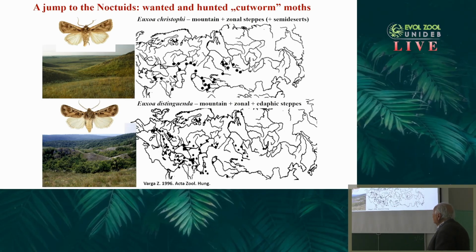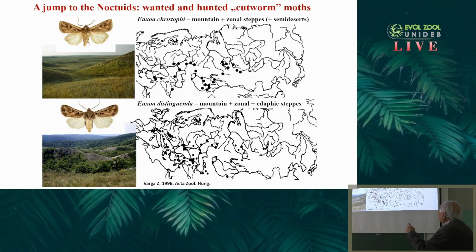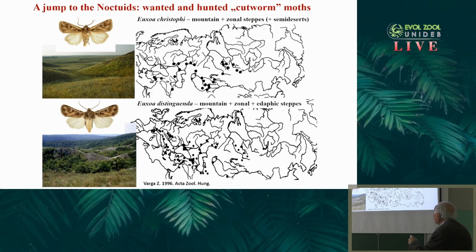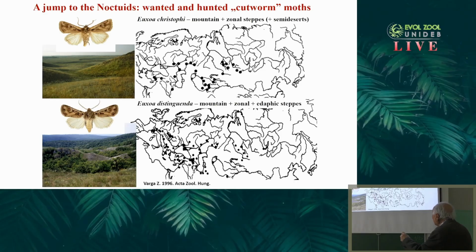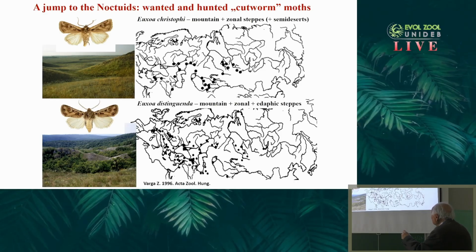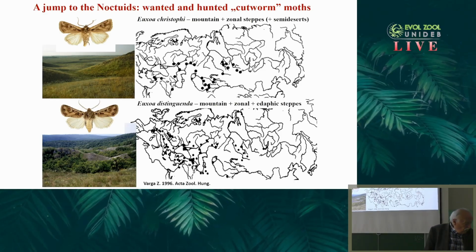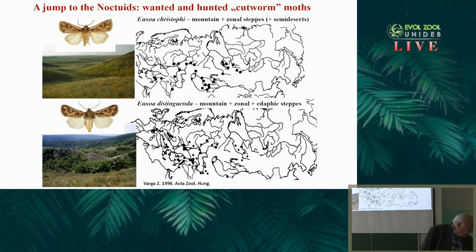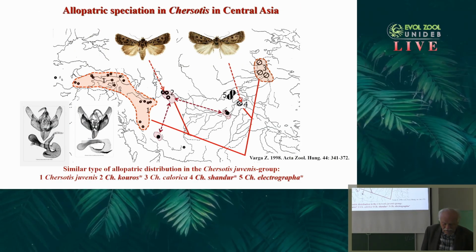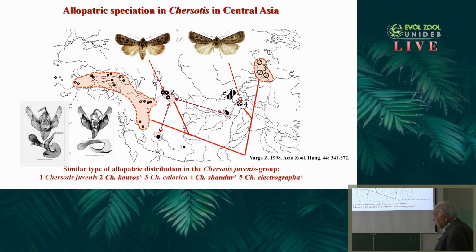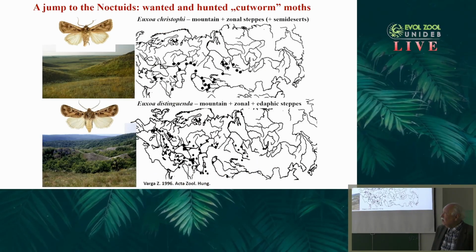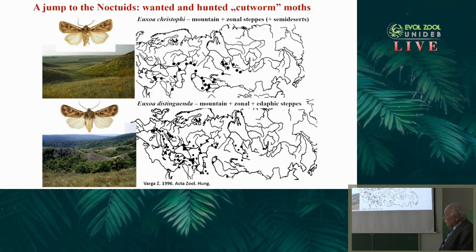So, the question, what is the background that such elements can expand westwards, and which are the adaptations during this process, which are the evolutionary phenomena during this process. At first, you have seen that the first step was the mapping of the range.